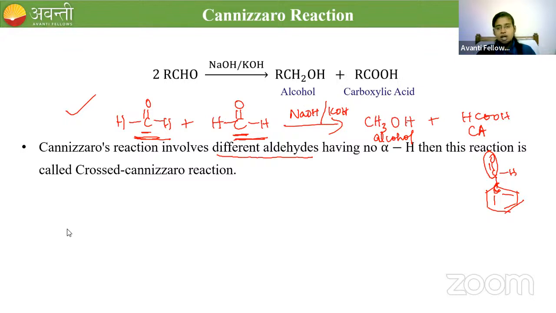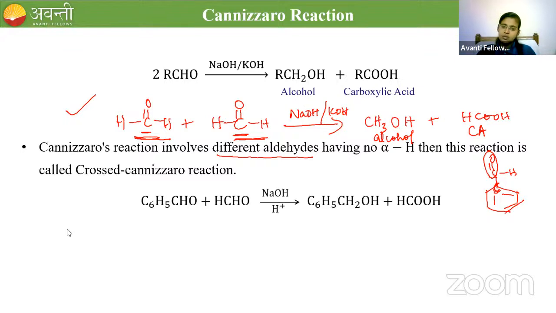So I can take one molecule of benzaldehyde and another molecule of formaldehyde, and if I treat it with a base, the aromatic aldehyde is getting reduced to alcohol, and the formaldehyde, HCHO, is getting oxidized to carboxylic acid.